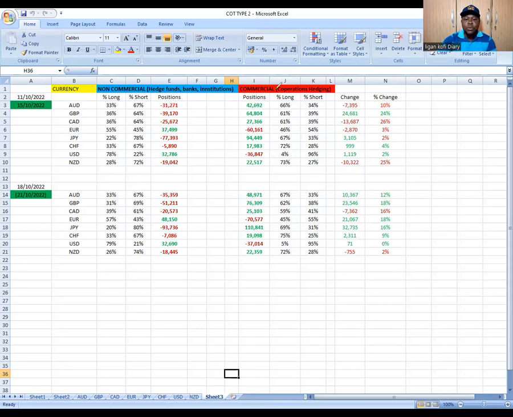Like I said, these people always go opposite of these people. Our concentration is on the ones who move the trend, because they are speculators and we, the retail traders, are also speculators. We speculate to make profits by following the trend, so we want to follow these people here.